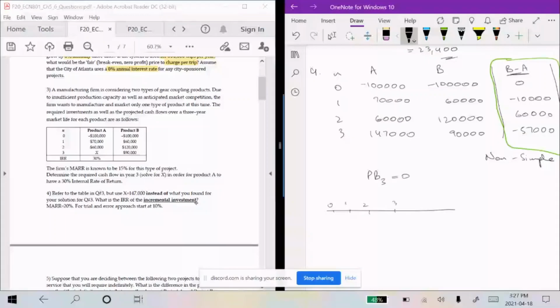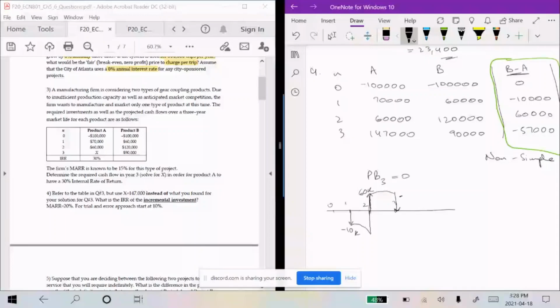There's nothing at the 0th period. In the first period, it's negative 10,000. In the second one, there's a 60K revenue. Then it's going to get affected by the MAR. I'll talk about that. Then there's a negative 57,000.